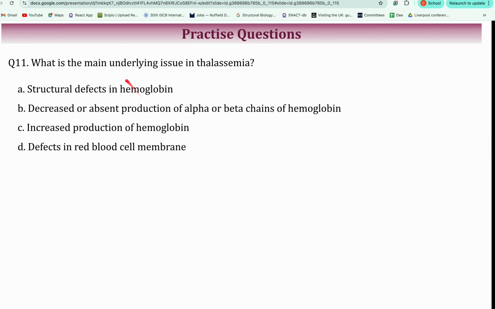So you need to tell what is the main underlying issue. Some hint you have already obtained from the previous question only.